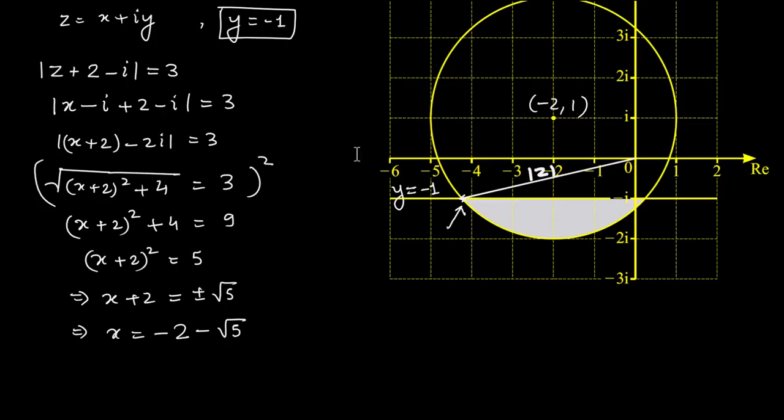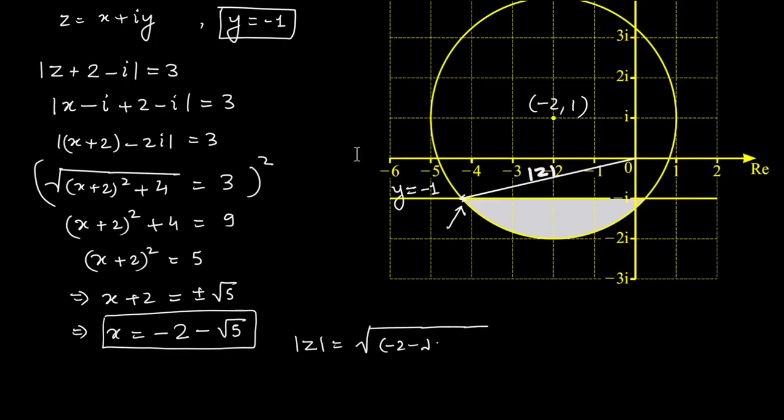Now we have y as well as x from here, so we can calculate the modulus of z, which is the square root of (-2 minus root 5) squared plus y squared, that is 1.